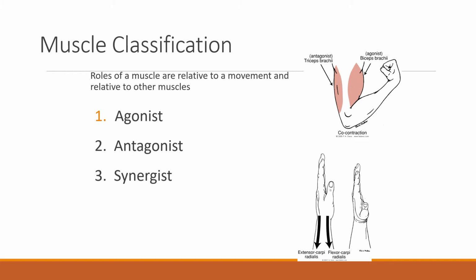So in order to shorten across the fingers, the same muscles have to lengthen across the wrists. So the wrist extensors, the two radial wrist extensors, and then the extensor carpi ulnaris, are synergist to the long finger flexors because they allow the long finger flexors to work better.